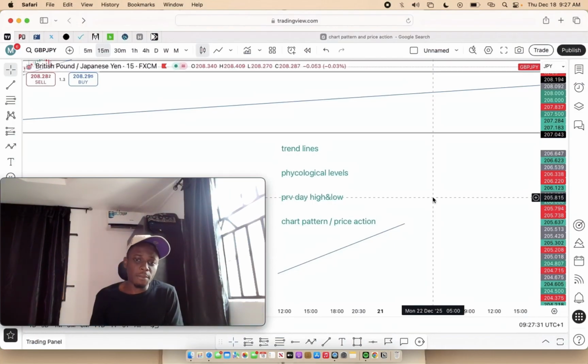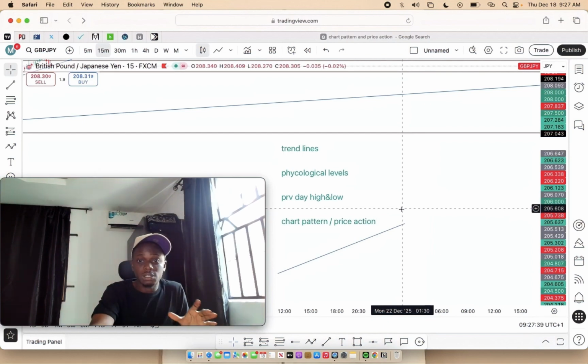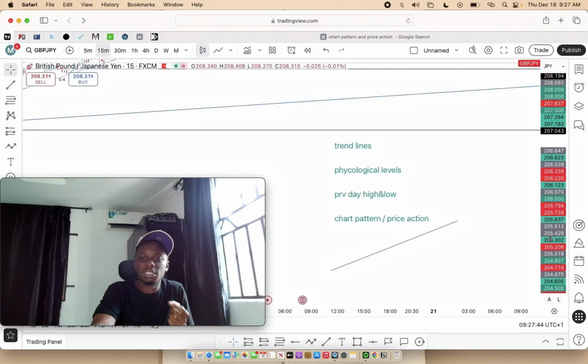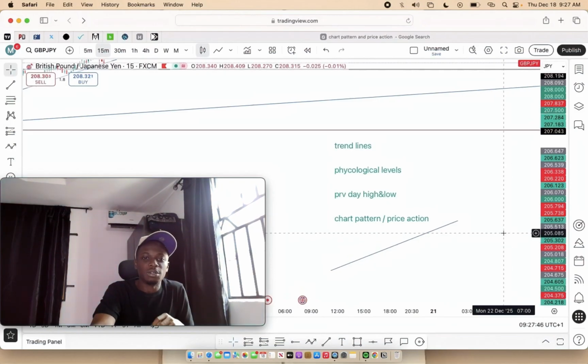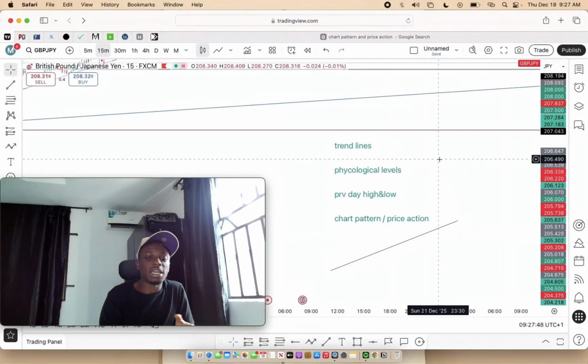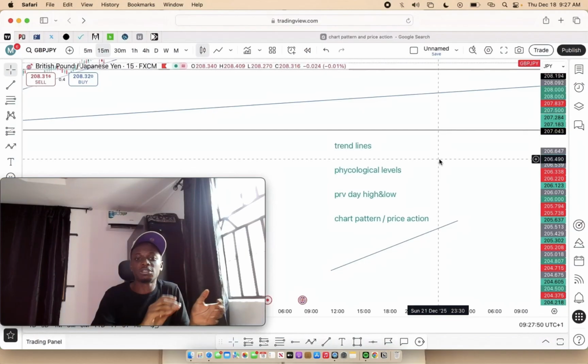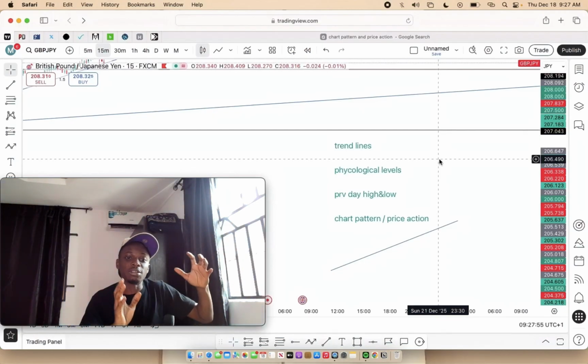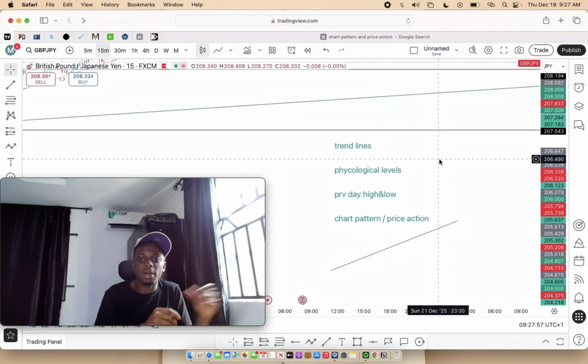So chart pattern and price action are very, very important. I love price action. Price action and chart pattern are also among the most important things I'm looking at. So if all these confluences are there, if there are trend lines, a psychological level, a reaction at the previous high and low, structure or trend, and a story to follow, then chart pattern or price action is what I'm looking at now.